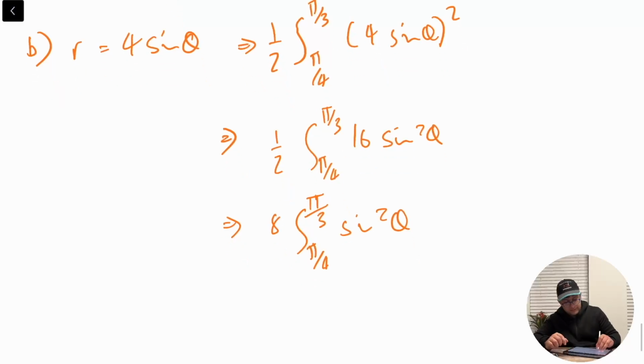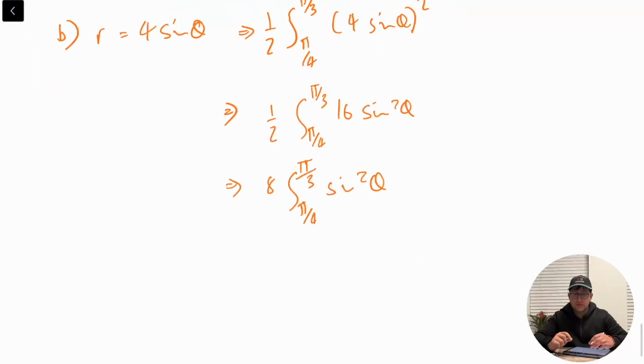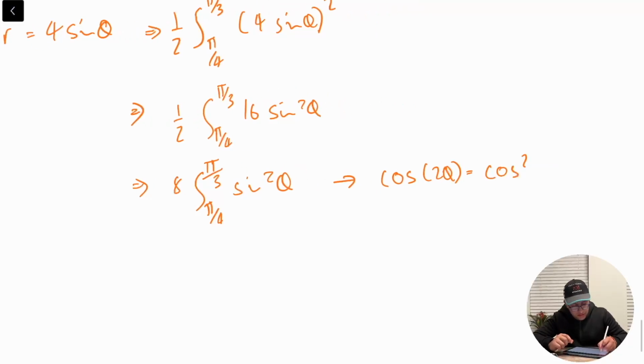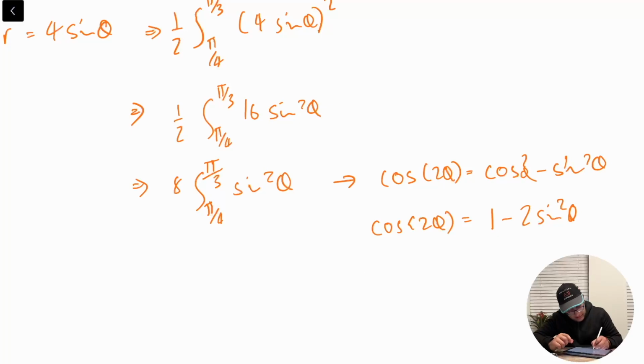Sine squared theta. Now, the trick to integrating sine squared theta is that you have to use the cos double angle formula. So cos 2 theta equals 1 minus 2 sine squared theta, right?